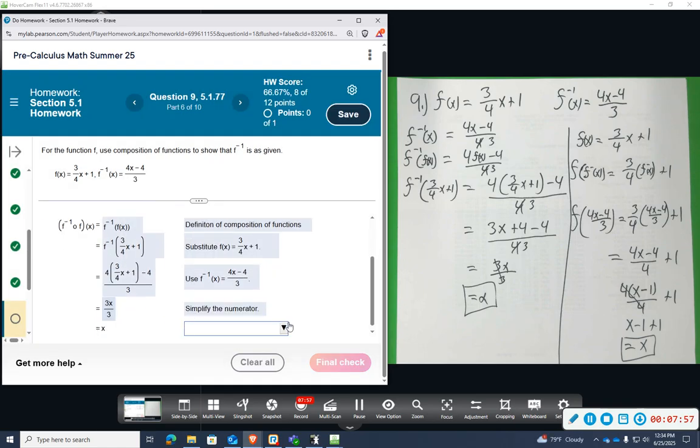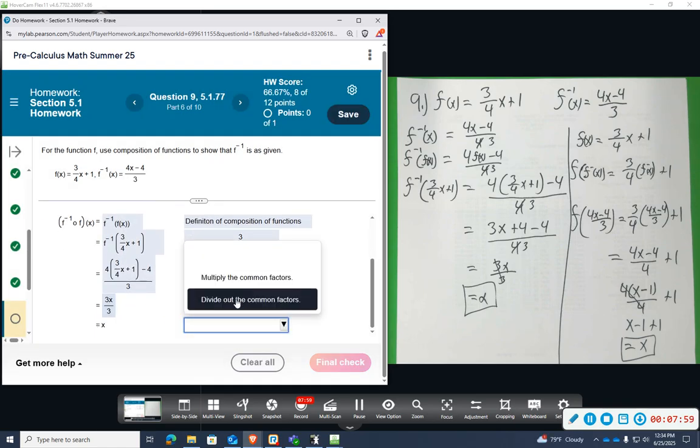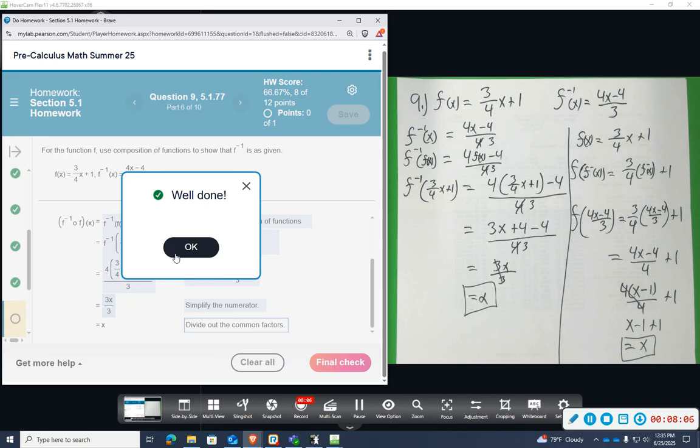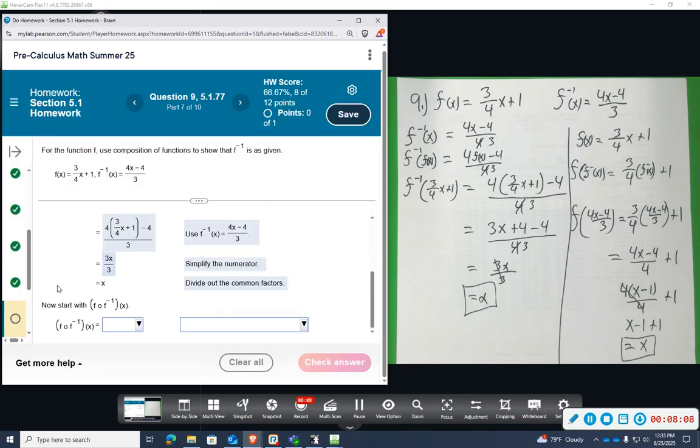And then divide out common factors. Sometimes it's a lot easier to just solve it than figure out the way the computer wants to put the steps and how they write them. They should be pretty close to the same.